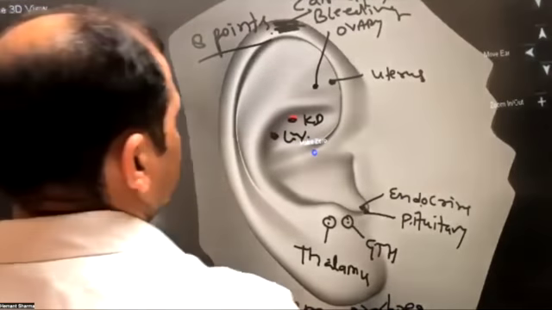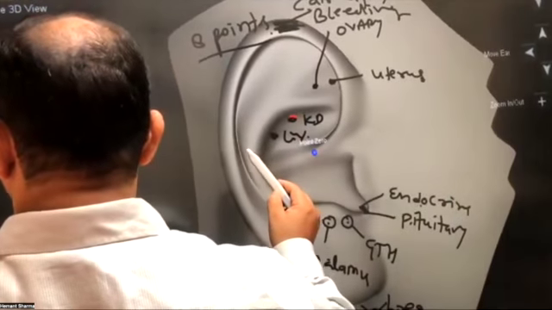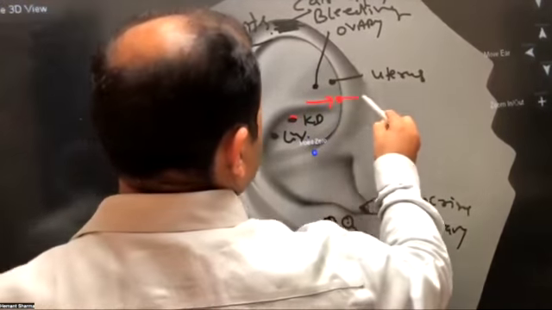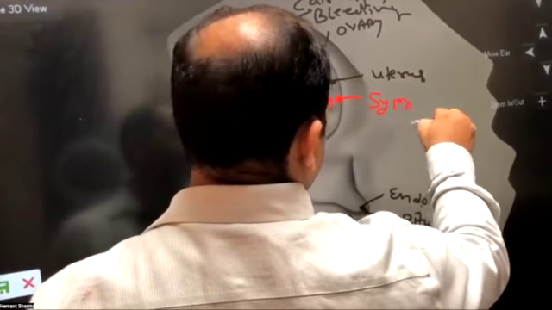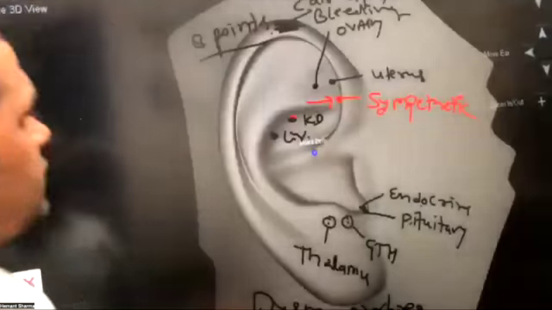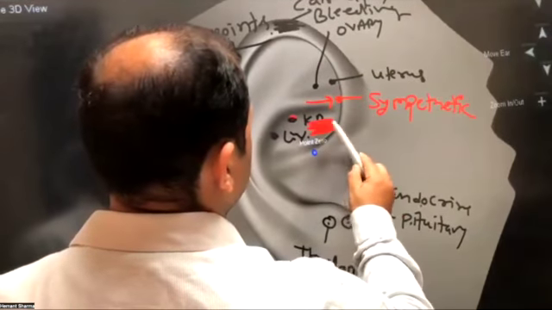Second, we are going to use the point of sympathetic, and we know the sympathetic point means here on the inner side, that is the sympathetic. It will bring balance in the sympathetic and the parasympathetic nervous system. And the point of lower GIO, this is the point of lower GIO here.